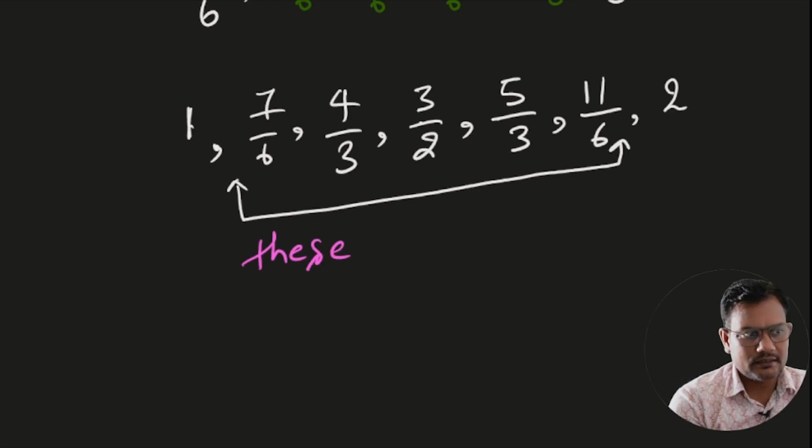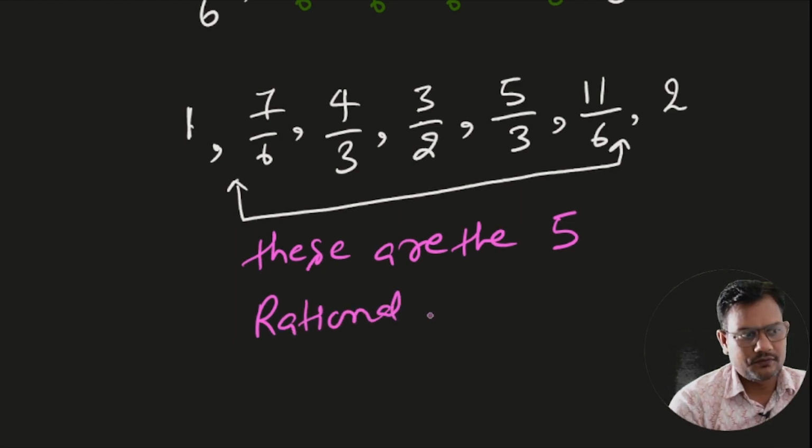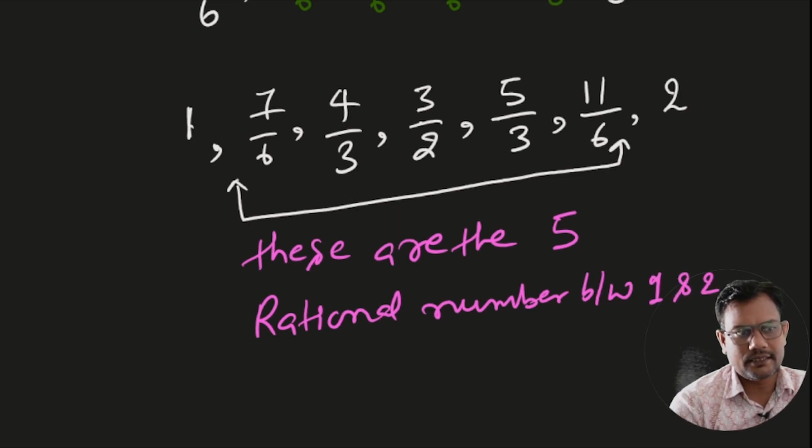These are the 5 rational numbers between 1 and 2, right?